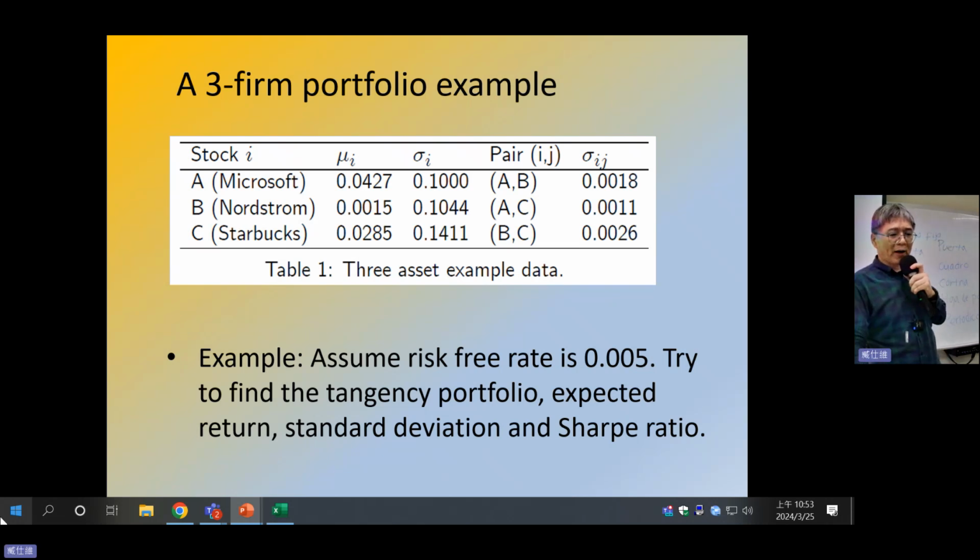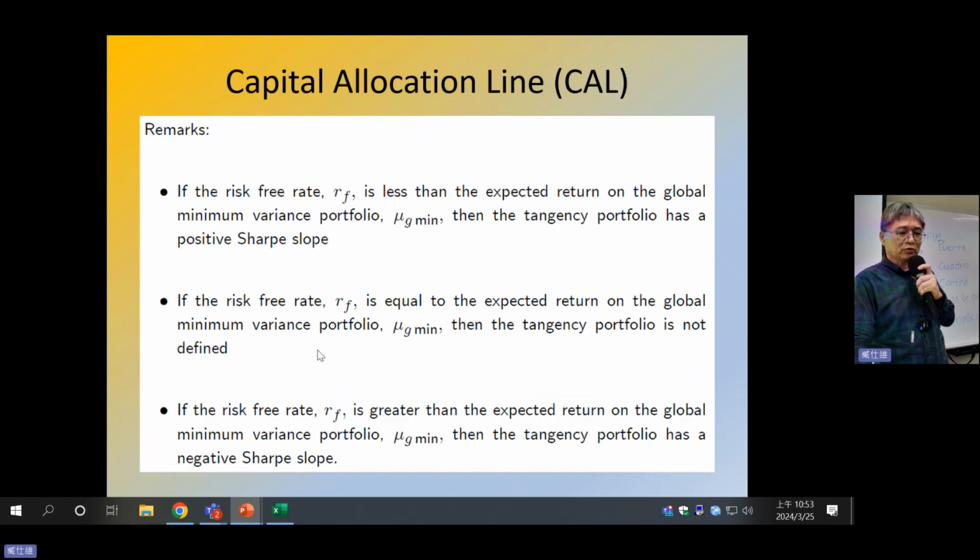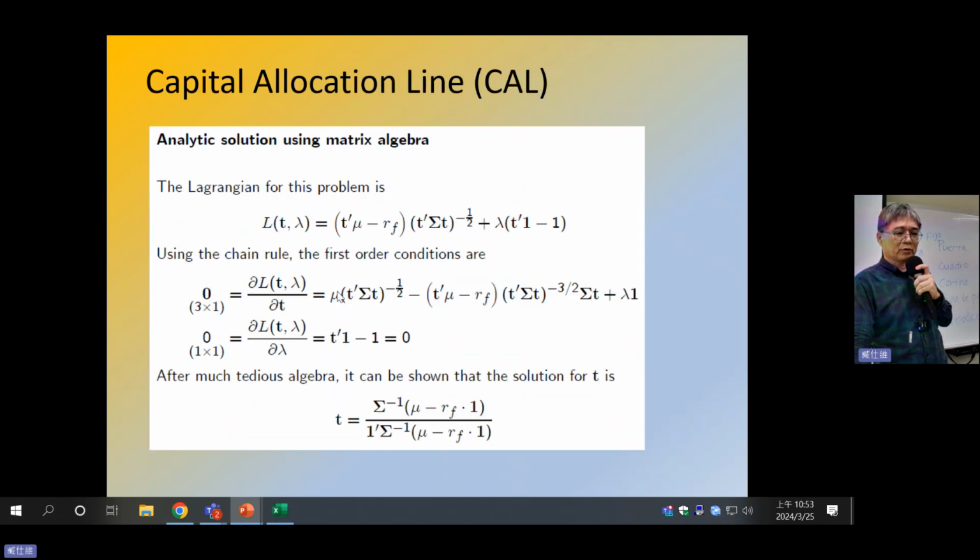So let's go back to check out the tangency portfolio here. So how to find the tangency portfolio here? Okay, the tangency portfolio denotes T, right? This is the weighting for the 3 assets. So we just plug numbers into the equation, right?